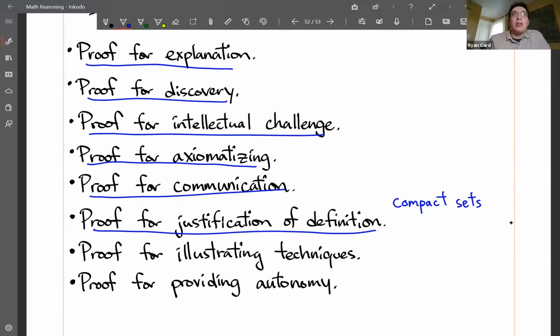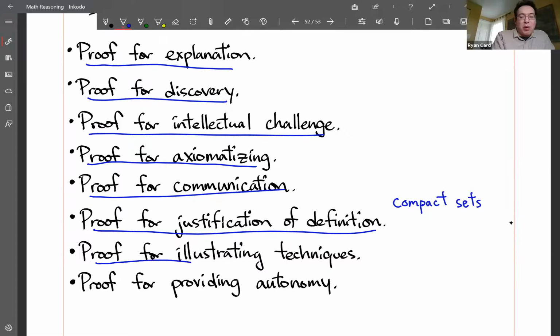And at first hand, the definition that you see might seem very awkward. Like, why is this compact, or why is this definition even necessary? And only from experience, I think, you realize how elegant the definition is and how useful it is. So you might need a proof or two to justify why a certain definition makes sense.